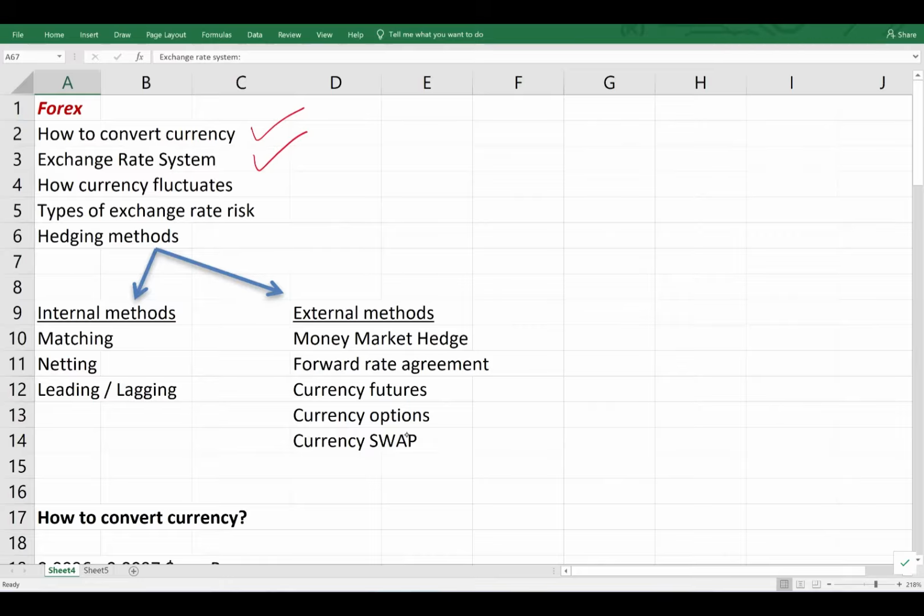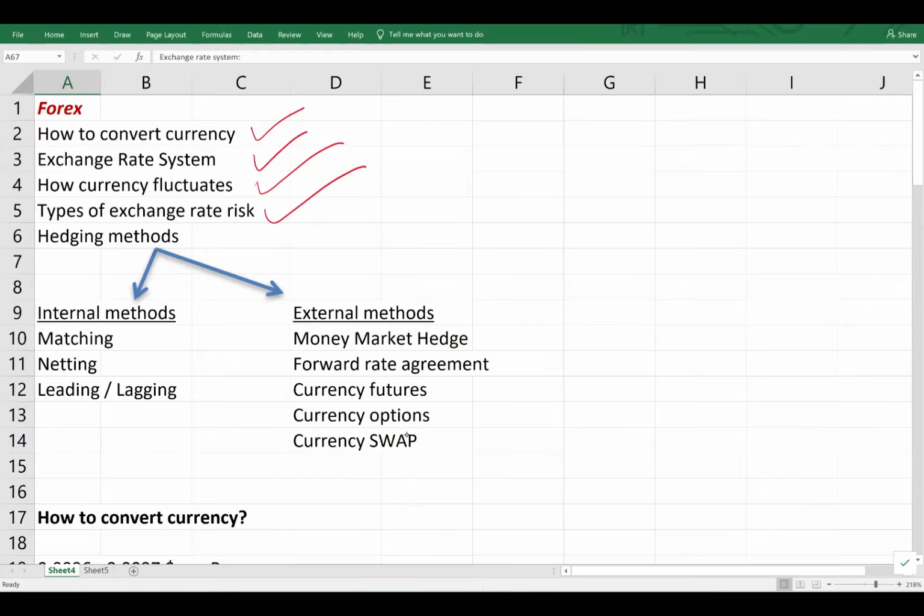Normally we have different types of exchange rate system we can observe in this world. We have three of them. We will discuss it today. Why currency fluctuates, the exchange rate fluctuates, the types of exchange rate risk, the three of them, and then the hedging method. To avoid the risk, we have internal hedging method and external hedging method.